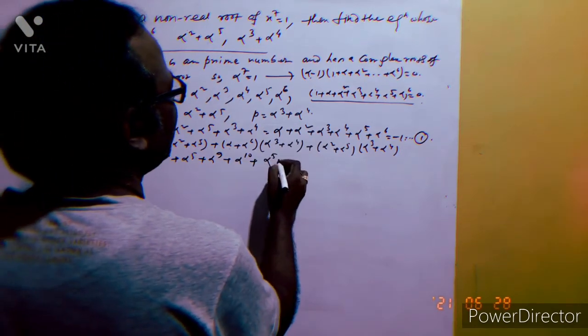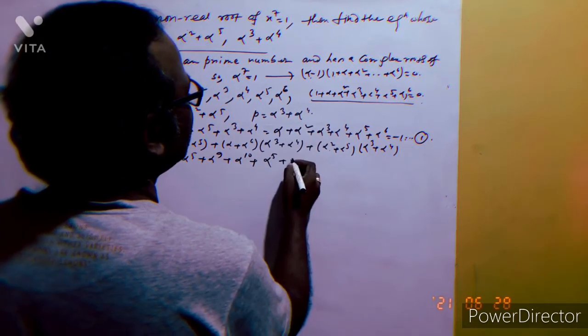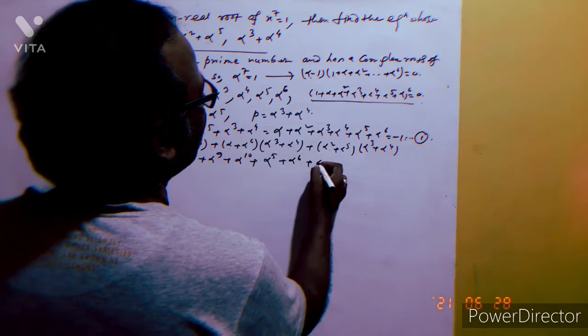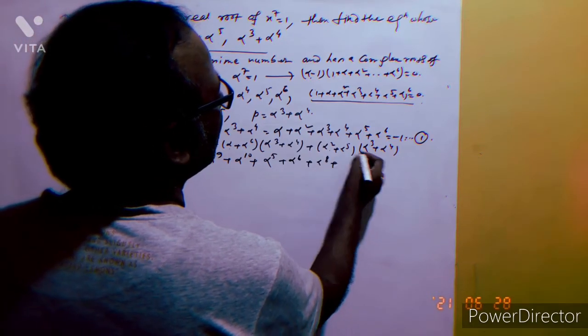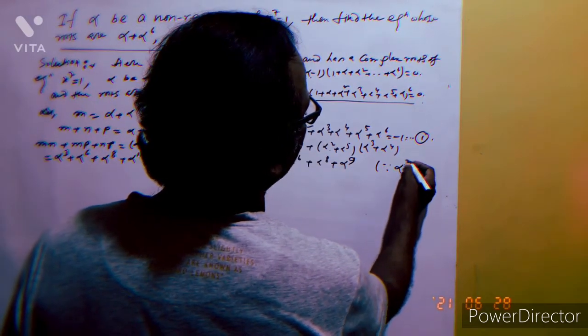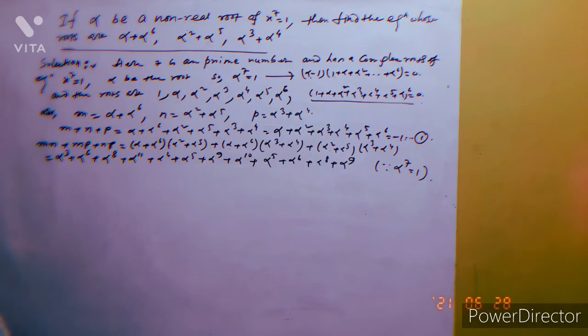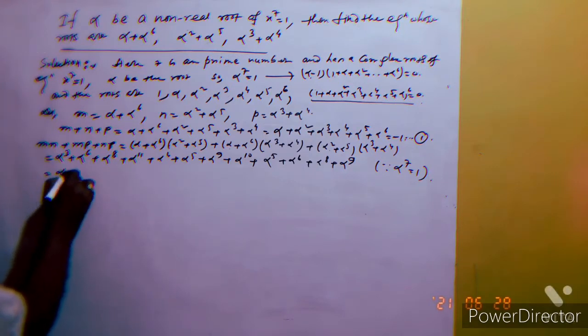Since alpha to the power 7 equal to 1, in place of degrees of 7 or more than 7, it can be simplified like that.